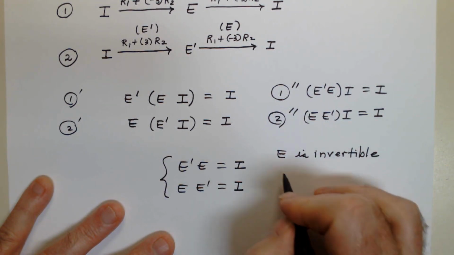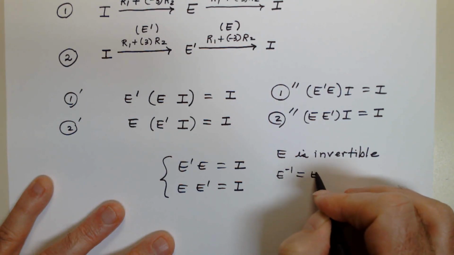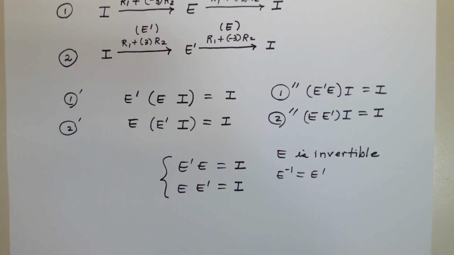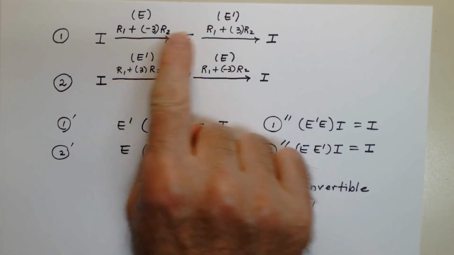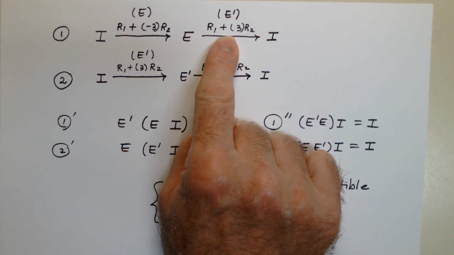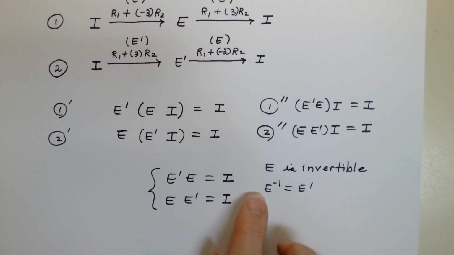And it also tells us that the inverse of the matrix E is this matrix E prime. In other words, it's easy to think about what the inverse of this matrix E is going to be. Find the companion matrix E prime by undoing the row operation and finding the corresponding matrix, and that will be the inverse matrix of your elementary matrix.